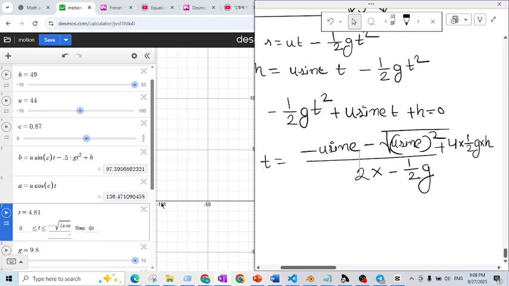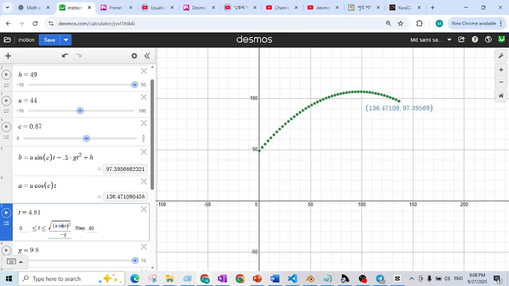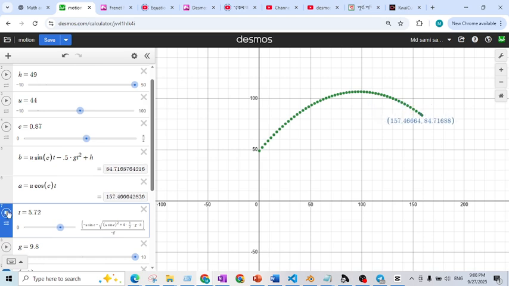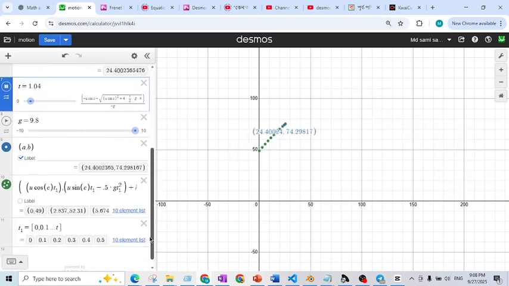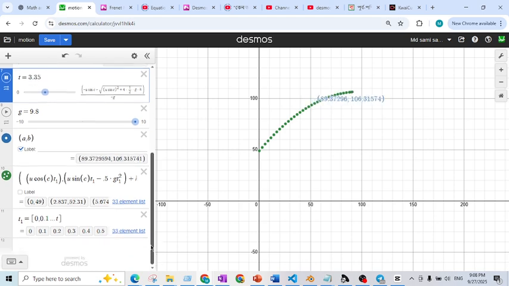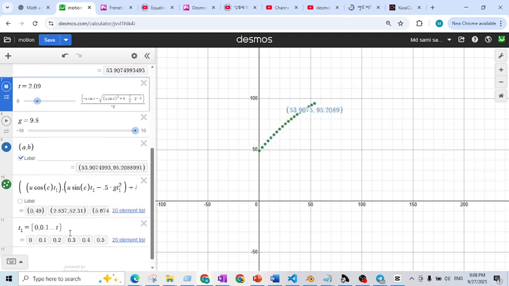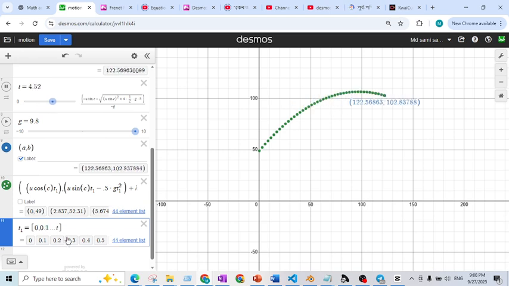So I have plugged this formula in here as the final limit of the time, and that's why the simulation stops when the ball hits the ground. And I could make the trajectory very smooth if I take a small interval here.